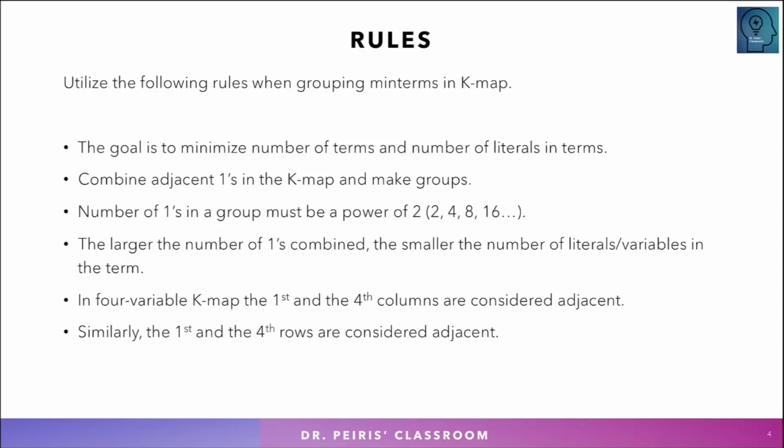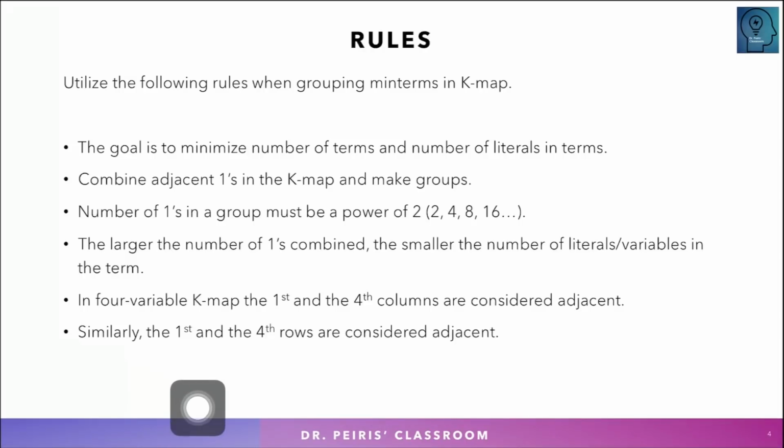The number of ones in a group must be a power of 2, which means you can have groups with 2 ones, 4 ones, 8 ones, 16 ones, and so on. The larger the number of ones combined, the smaller the number of literals in the term. These two points are very important when you group the terms in a K-map.